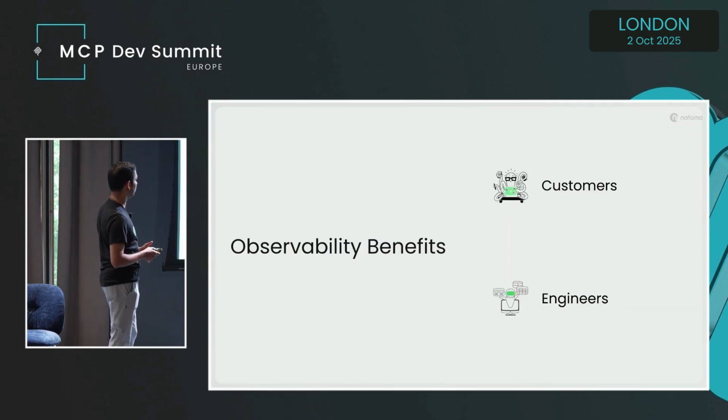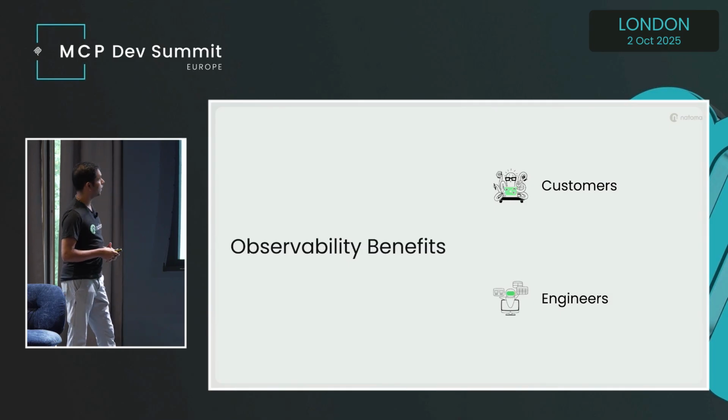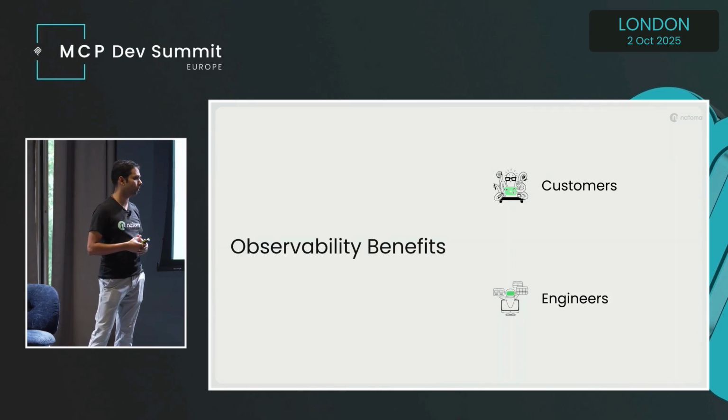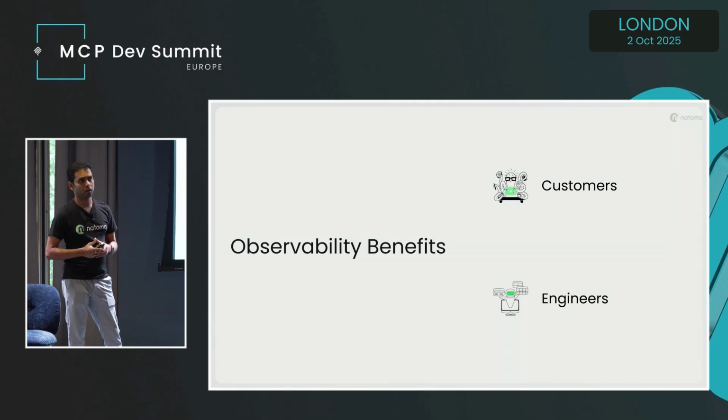So let's dive into the solutions for, let's say, challenge 1 and challenge 2 to begin with. The benefits of observability are on two sides: one is the customer side, and the second is the engineer side. On the customer side, depending on the user role or persona within our platform, the customers, predominantly admins, would like to know what tool calls are happening, what execution calls are happening, up to what extent, timestamps and activity for an installation, and stuff like that.